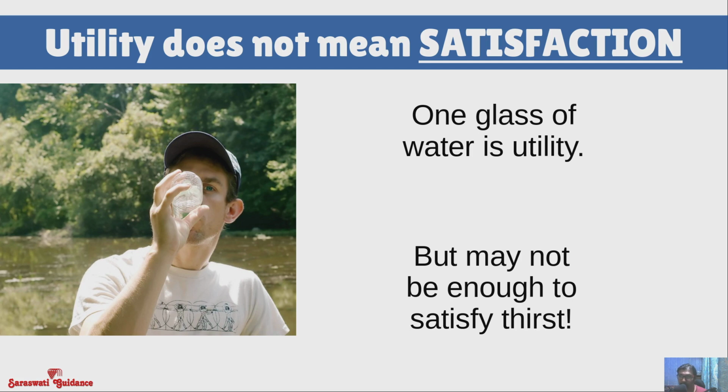But if the thirsty man cannot satisfy his thirst using just one bottle of water, then the utility of that one single bottle of water is not satisfaction for that man. That man may require 2 or even 3 bottles of water to completely quench his thirst. So utility does not always mean satisfaction either.